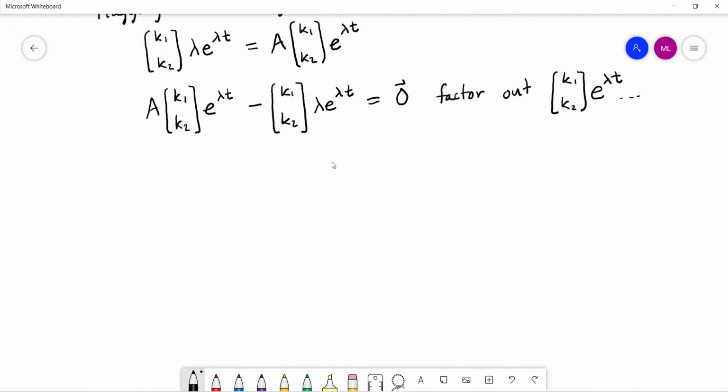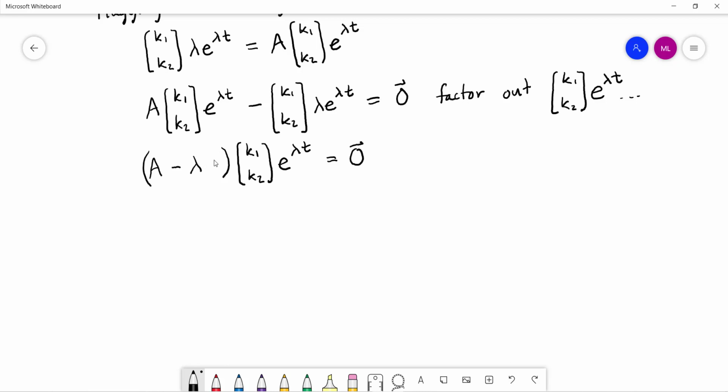And when we do that, something kind of cool happens. So I'm going to basically get a minus lambda. I'm going to leave a little bit of room here right after this because we're going to actually have to modify this in just a second, times k1, k2, e to the lambda t, and that's equal to the 0 vector.